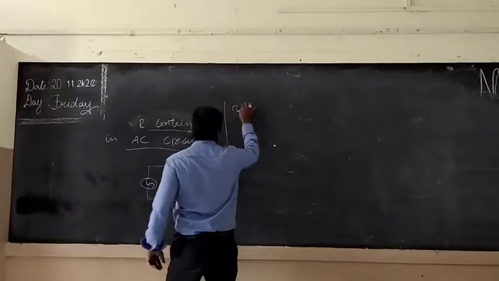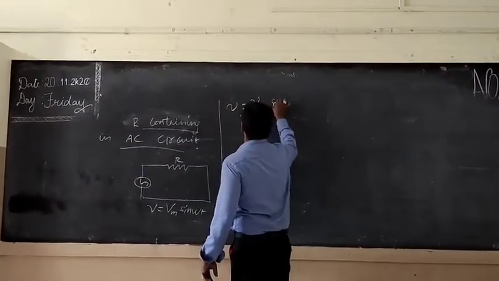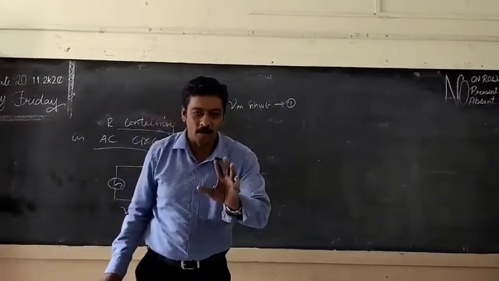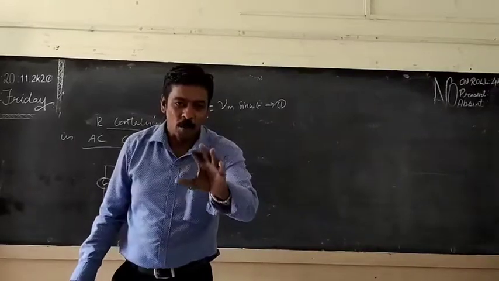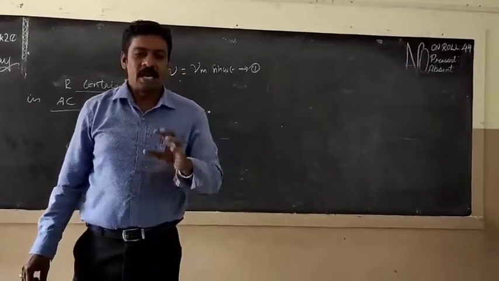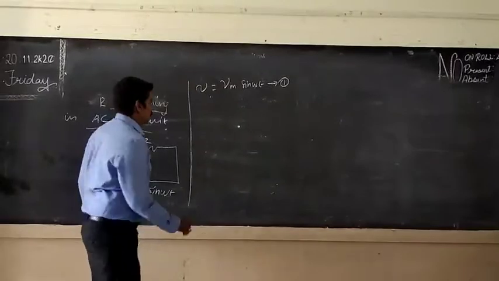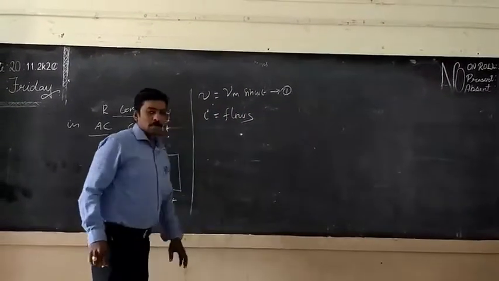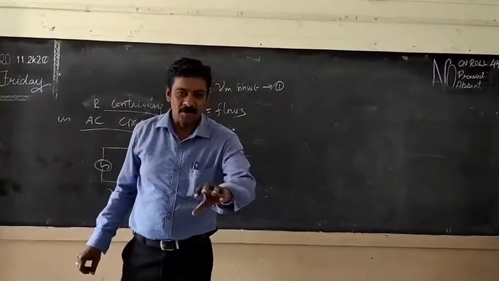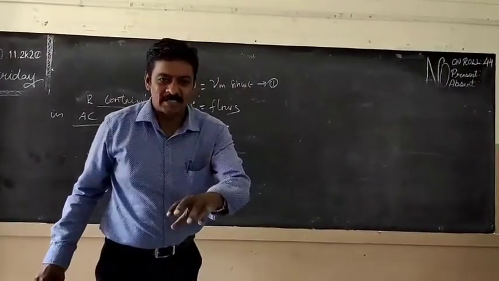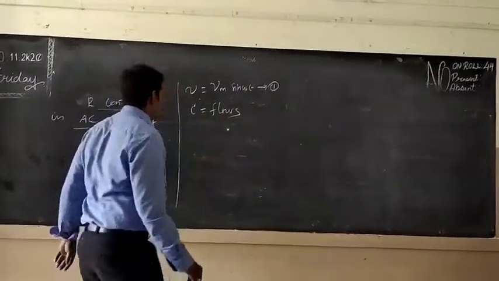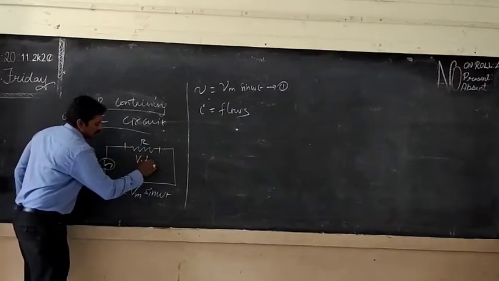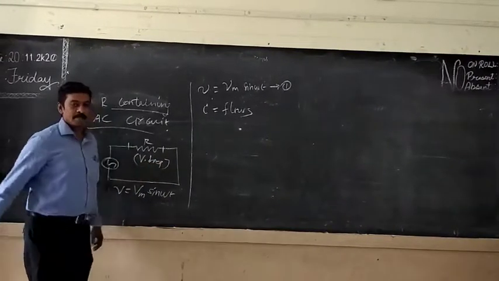That means V is equal to Vm sin omega t is equation number 1. This is called the applied voltage. When we apply the voltage in the AC circuit, current I flows in the AC circuit. Due to the flow of current, a potential drop takes place across the resistor.